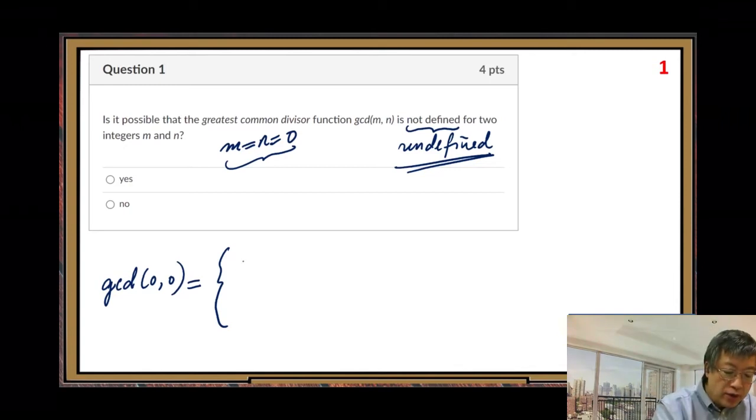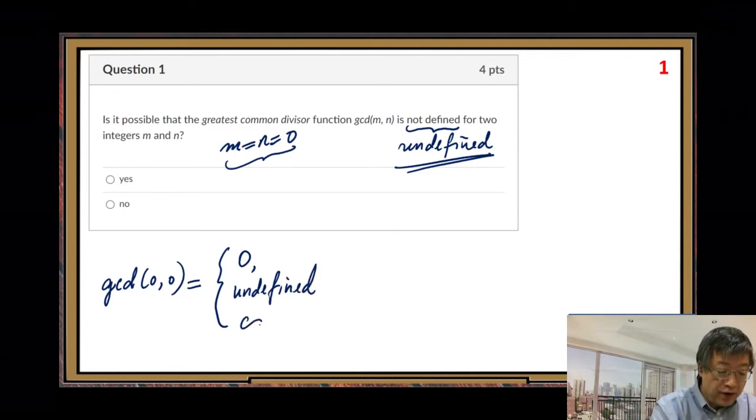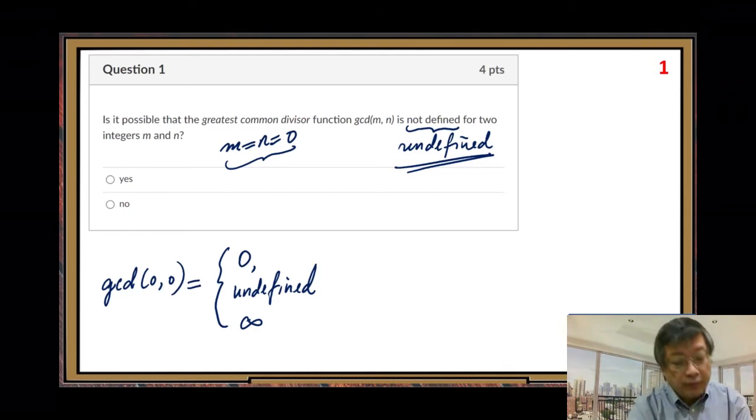The first one is 0. The second one is undefined. The third one, infinity, right? Anyone think about infinity here? Let me explain.